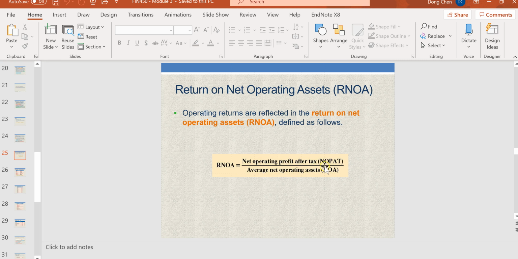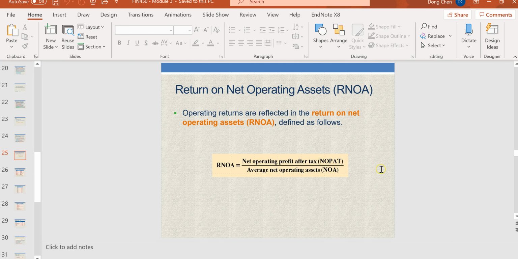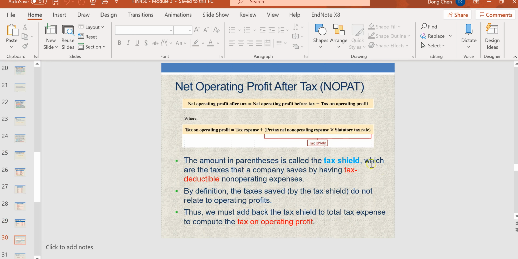So first we need to calculate the numerator here, NOPAT. NOPAT equals net operating profit before tax, which is NOPBT, minus tax on operating profit. And further, the tax on operating profit equals the tax expense plus pre-tax net non-operating expense times the statutory tax rate.